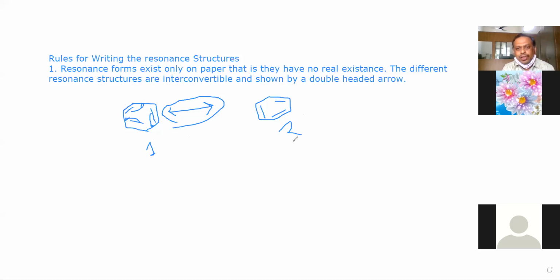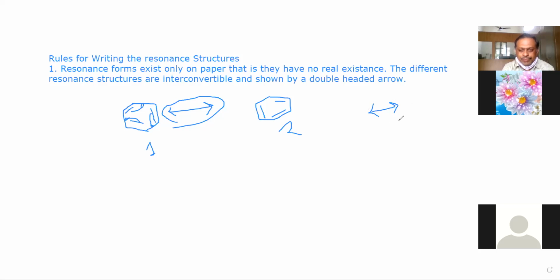म्हणजे resonance दाखवताना कुठला arrow यूज करायचं? Use the double-headed arrow. This is the symbol of resonance चा double-headed arrow. एक लाईन काढायची, दोन्हीकडे हेड दाखवायचे. This is the first condition किंवा rule for writing resonance.